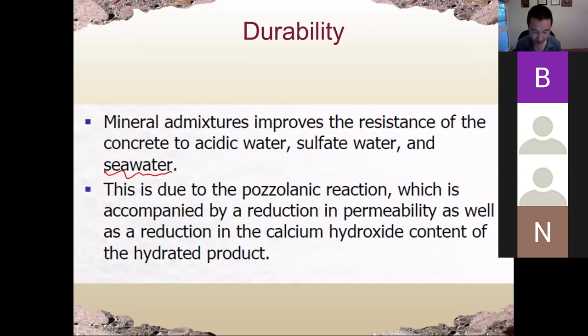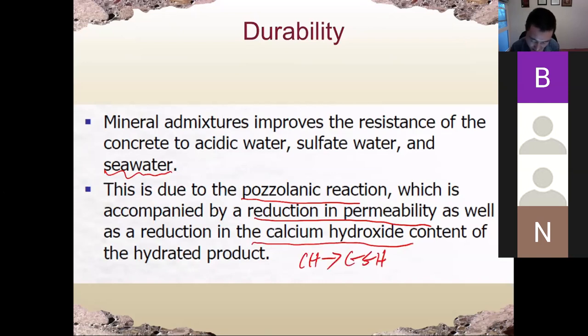So by adding mineral admixtures, we can improve the concrete durability against these attacks. Again, pozzolanic reaction can reduce permeability, and also reduce the amount of calcium hydroxide. It transfers the calcium hydroxide into stronger and more durable CSH.